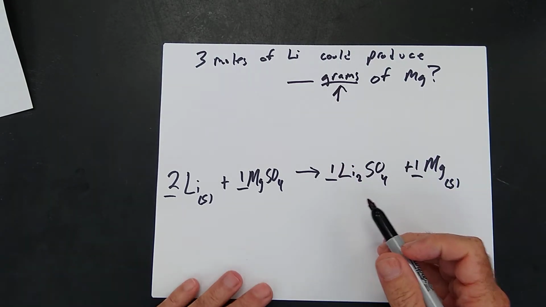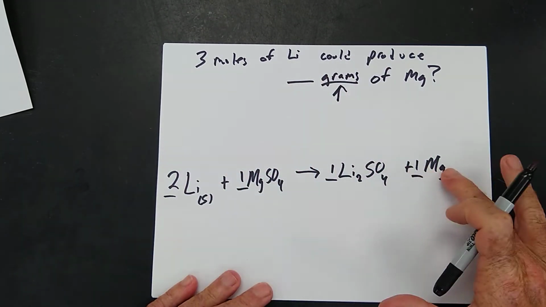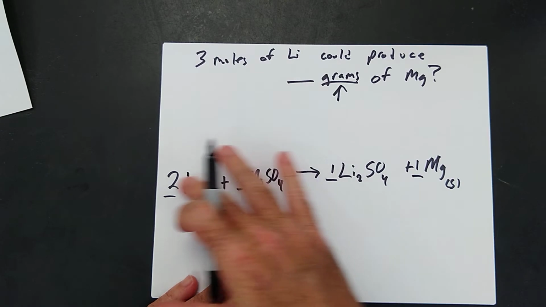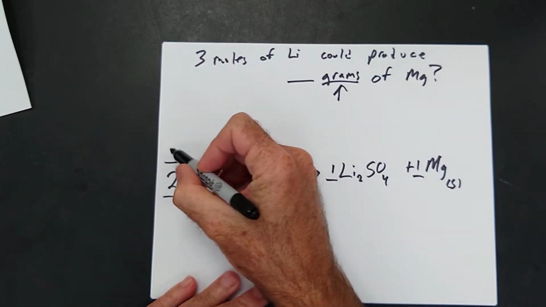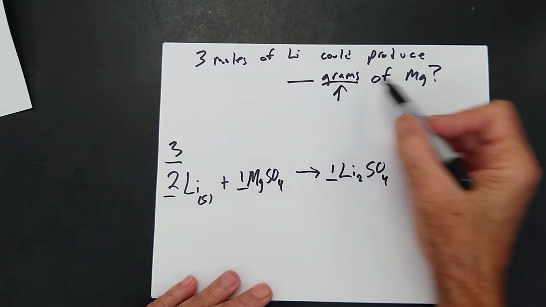Blank grams, all right? We're going to say 3 moles of lithium. Where am I going to put that 3? Over which one of these? That's right, we're going to put the 3 here. 3 moles of lithium, 3 is to 2, blank grams of magnesium.